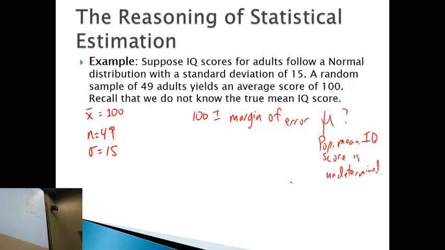So now I can get a claim and use statistical inference to figure this out. So our goal is to try and figure out what that might be. Plus and minus.